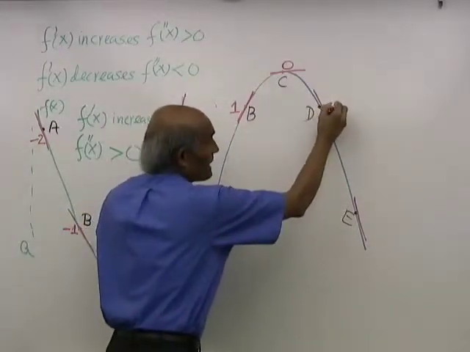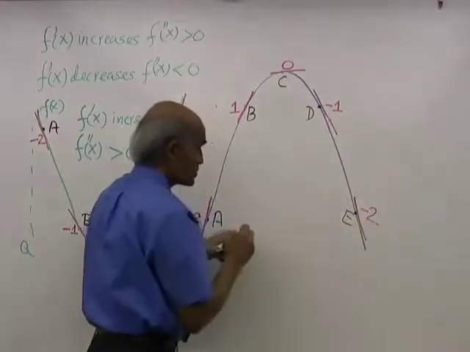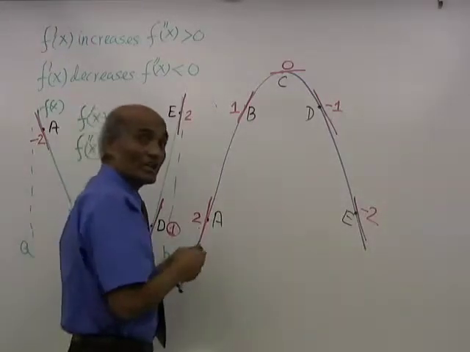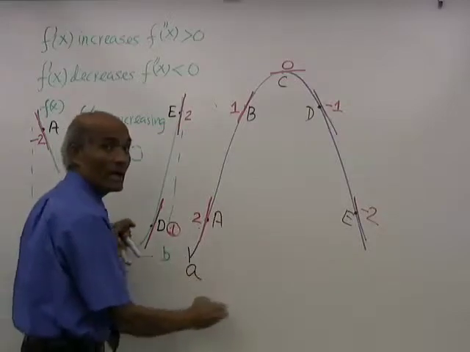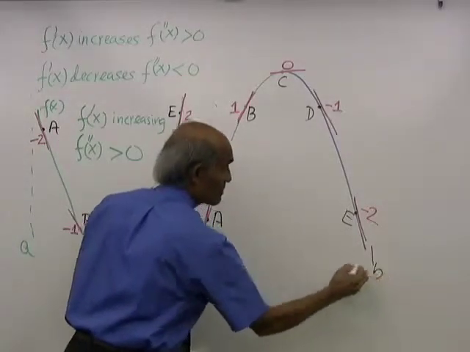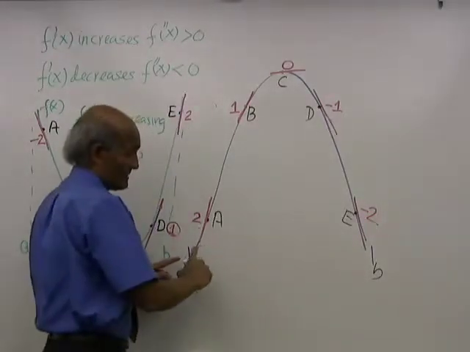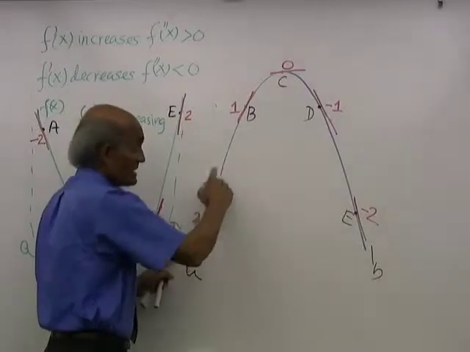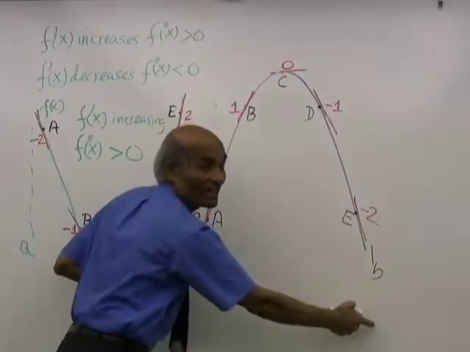And if the slope at D is negative 1 and at E it is negative 2, now what you notice is that as you go from x equal to A to x equal to B, on that interval, the first derivative is, can you complete my statement? The first derivative is decreasing.